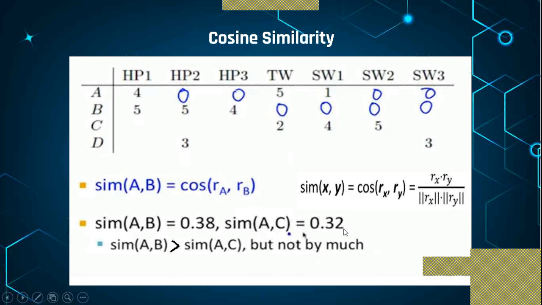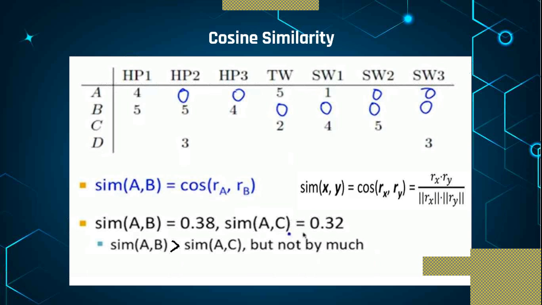Even though there is no large difference between the similarity of A and B and of A and C, you can find that the similarity of A and B is greater than the similarity of A and C.